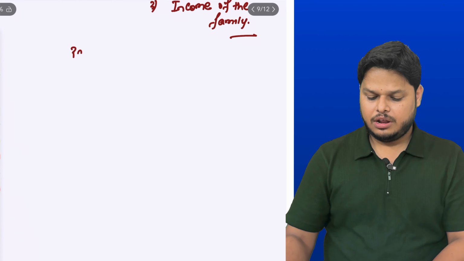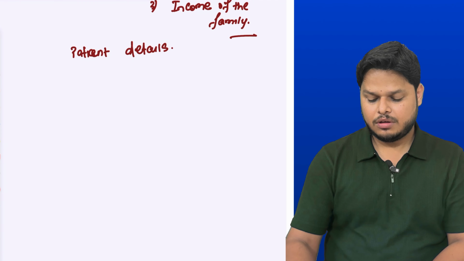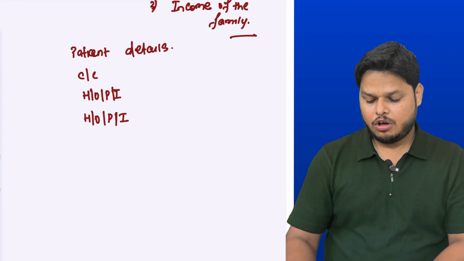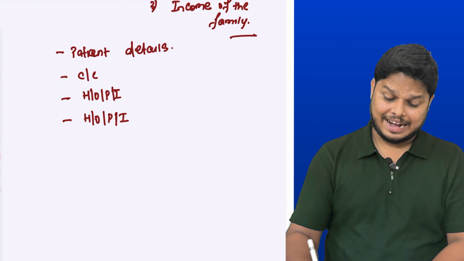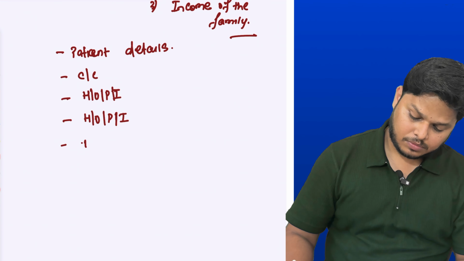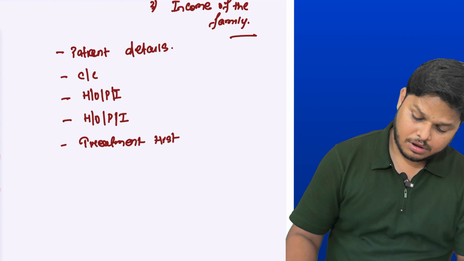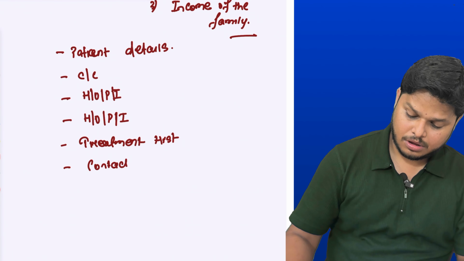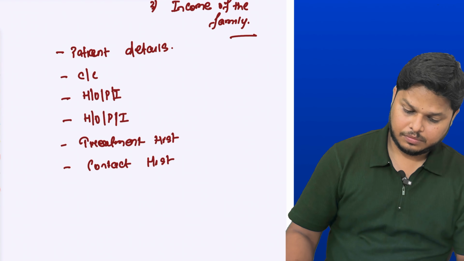What did we learn in brief? So first we do the patient details, chief complaint, history of present illness, history of past illness, right? Always write like this, so that you can process them in your mind. Treatment history, contact history, right?